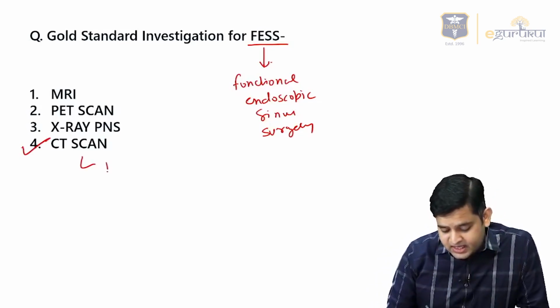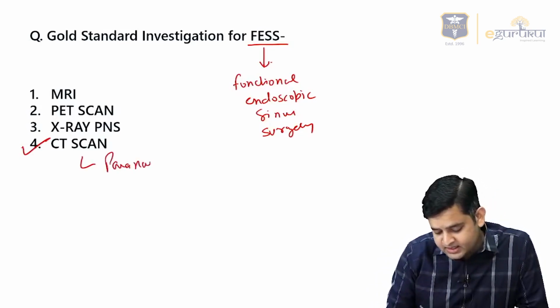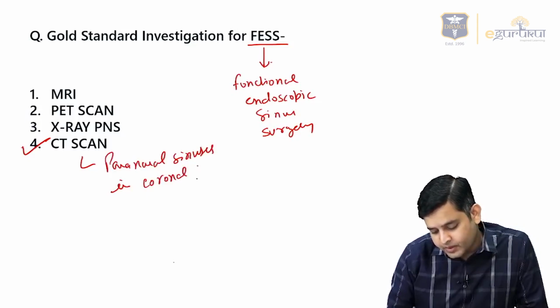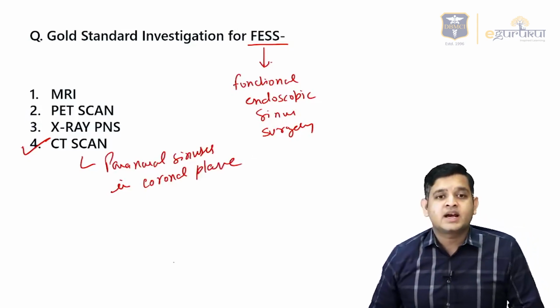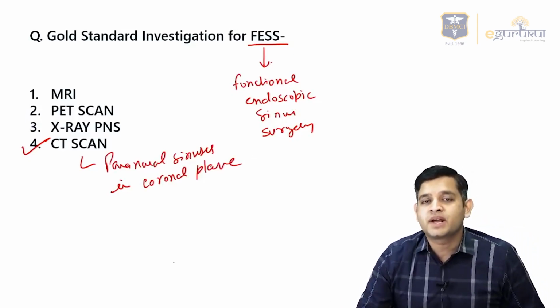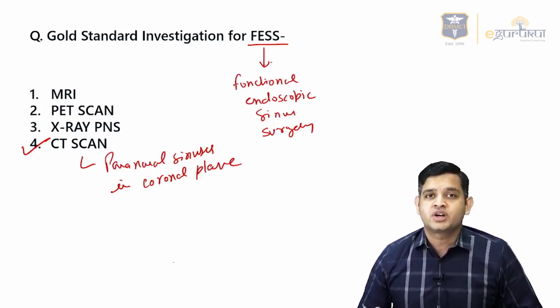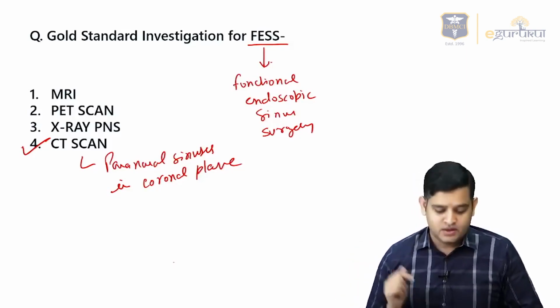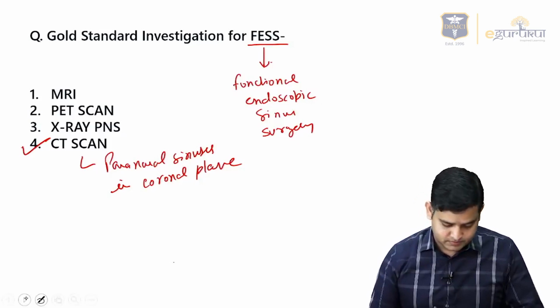So CT scan of the paranasal sinuses in coronal plane is the best investigation to look at the sinus anatomy for FES.